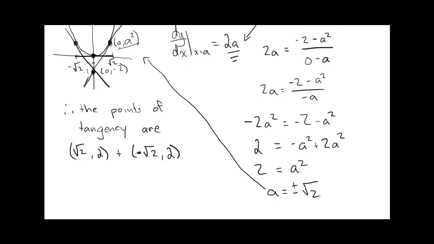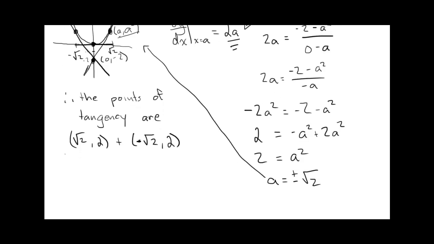So those are the 2 points. What are the slopes? Well, remember the slope was equal to 2a. So this one would have been 2 root 2, and this one would have been negative 2 root 2.